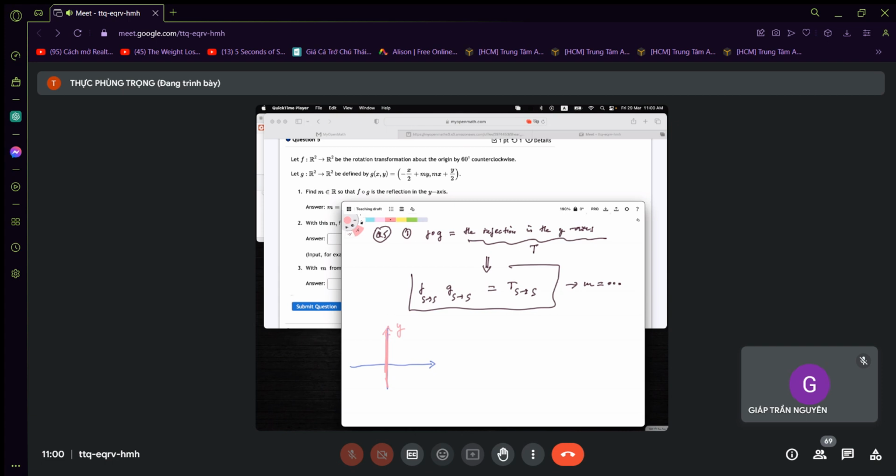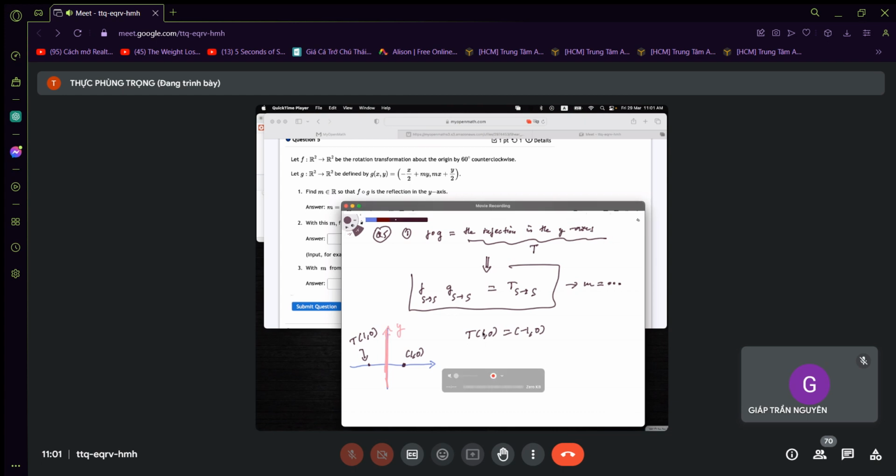It means if you consider 1, 0, then T of 1, 0 is minus 1, 0, right? So we get the image of the first vector. We may need one more. 1, 0 and 0, 1, that's all right for a basis, right? 0, 1 is right here.